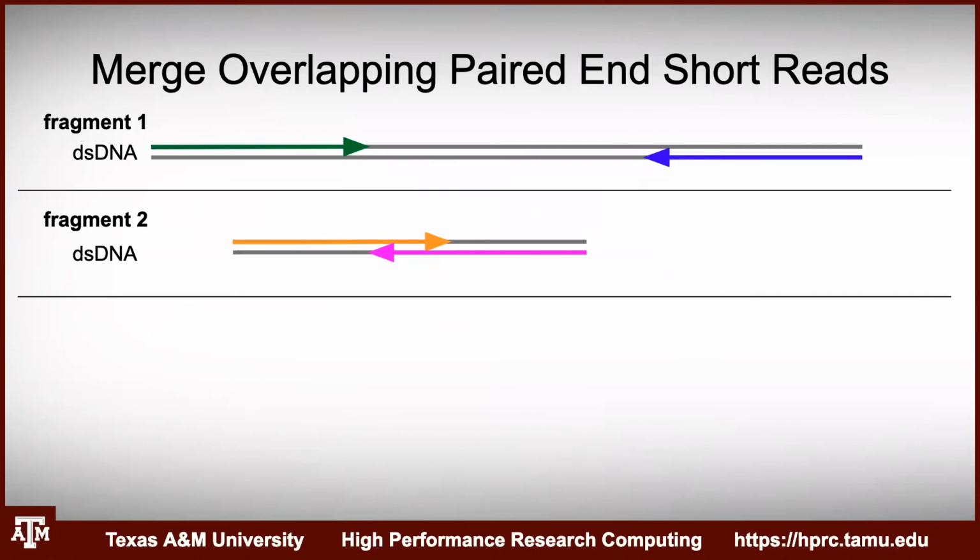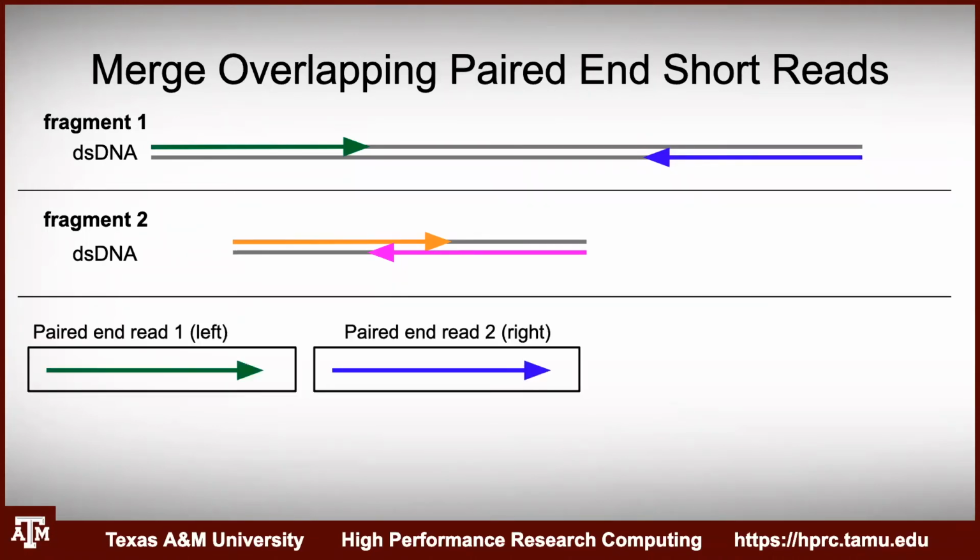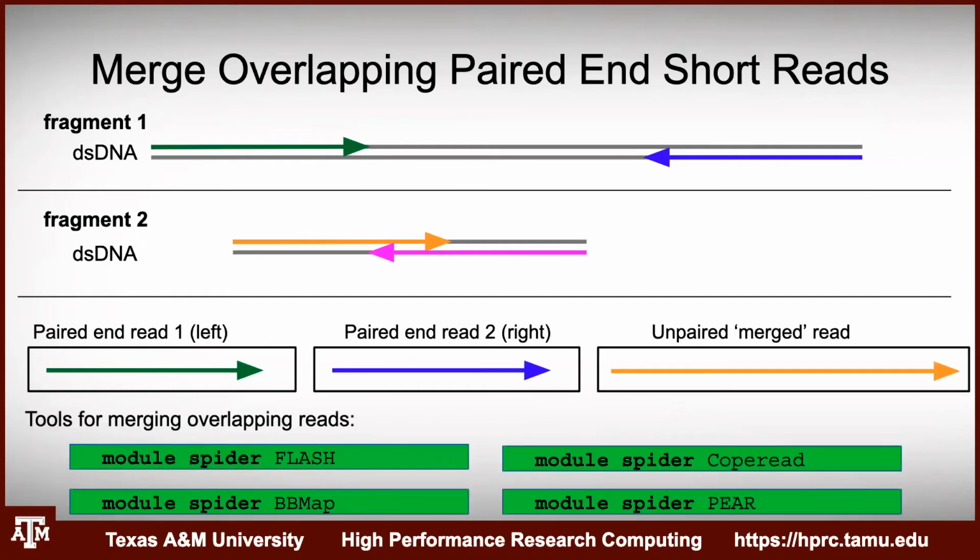You may also need to merge overlapping paired-end reads. Remember we talked about the fragment length. Say you shoot for 400, there's still going to be some variation, and some of those fragments may be so short that the reads actually overlap towards the end of each read. It's a good idea to merge those so that you end up with just one longer read.